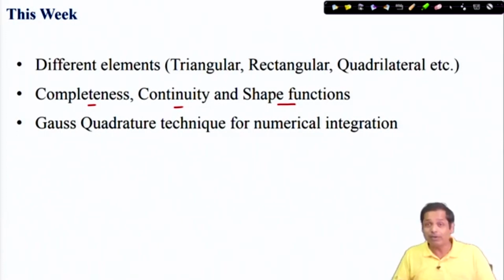What it means in the context of finite element method, what happens when our approximation is not continuous, when our approximation is not complete, what are the consequences, we will see that.